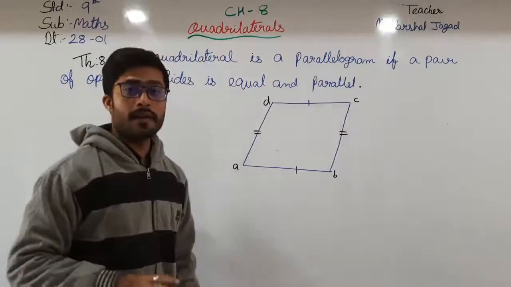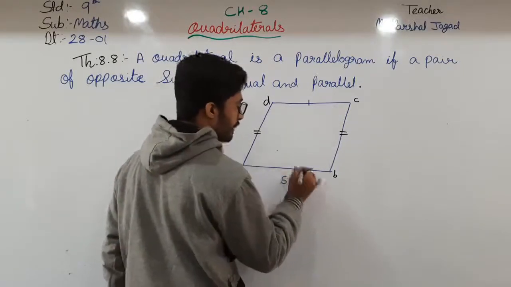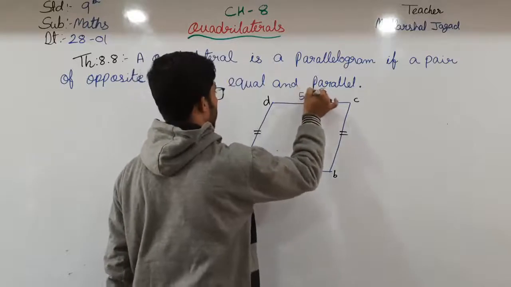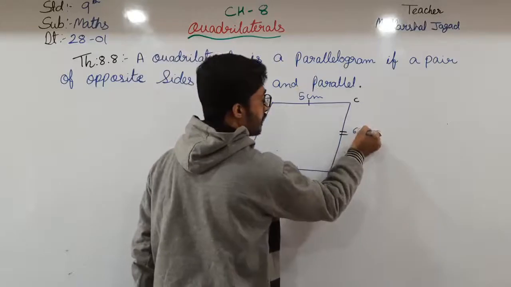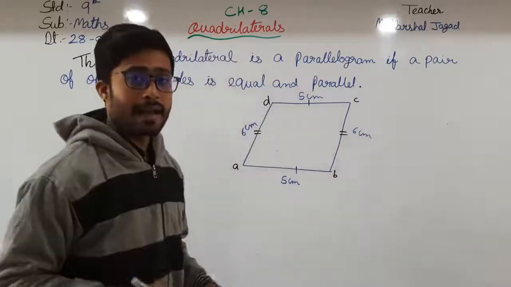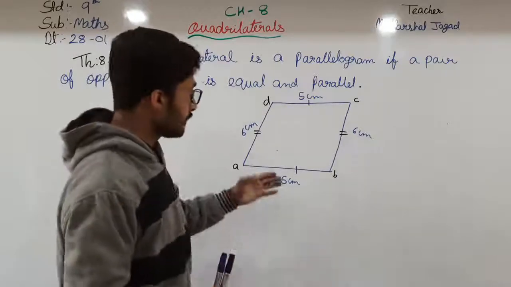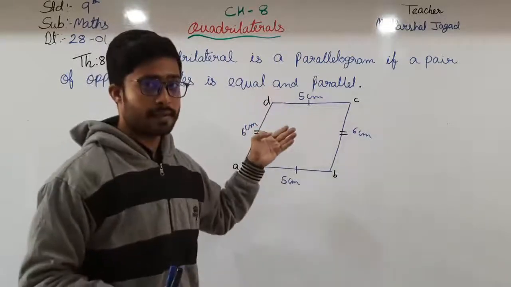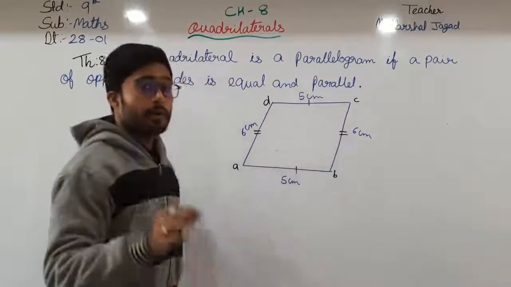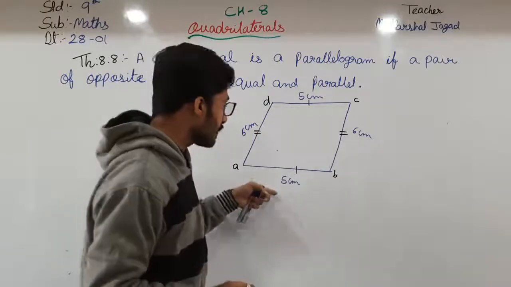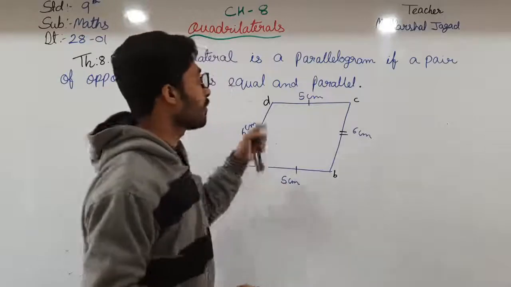If I give that this is 5 centimeter, then this must be 5 centimeter, and if this is 6 centimeter, then this must be 6 centimeter. If this is 5 centimeter, this is also 5 centimeter, and both lines are parallel to each other, then it is a parallelogram.